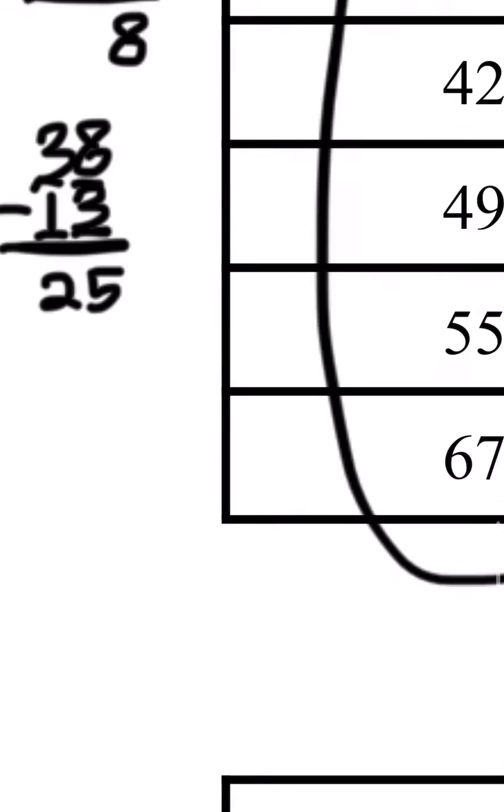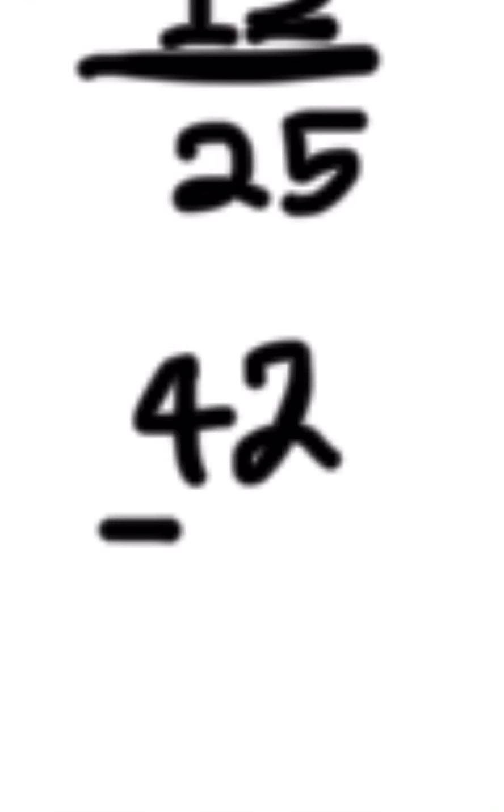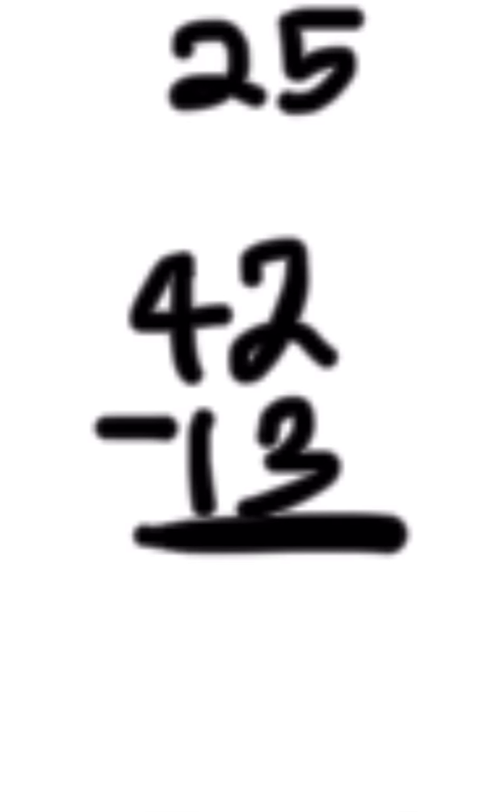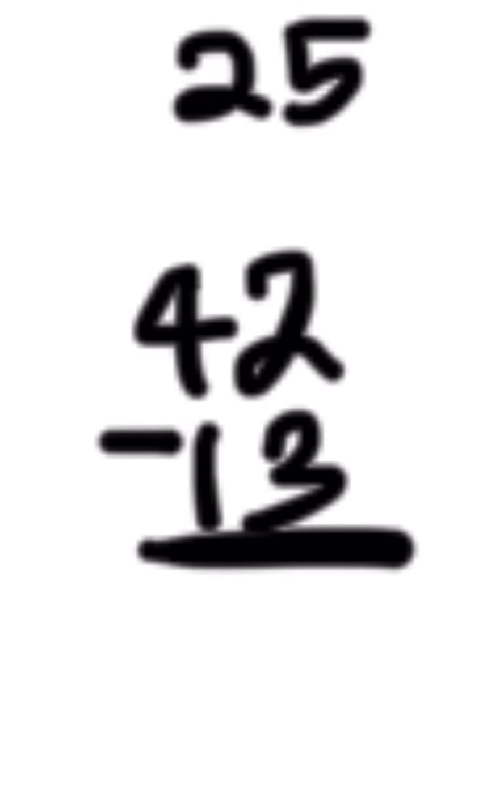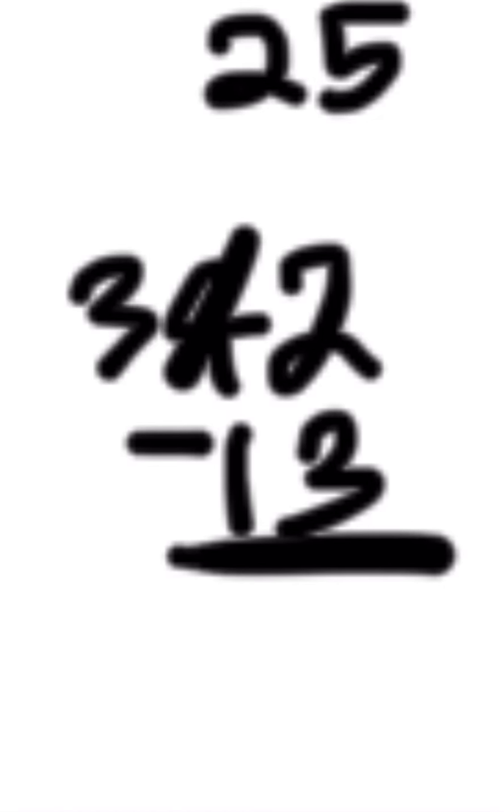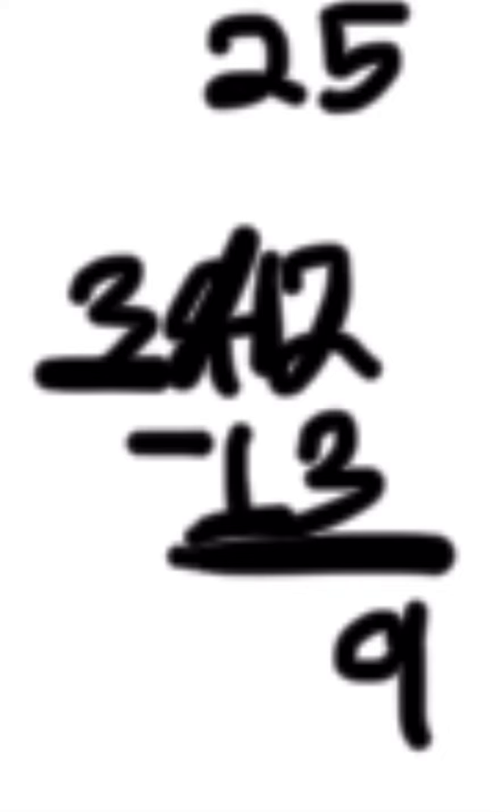And 42 minus 13. We need to do 2 minus 3, but 3 is greater than 2, so we need to borrow from 4, which becomes 3, and 2 becomes 12. So 12 minus 3 is 9, and 3 minus 1 is 2.